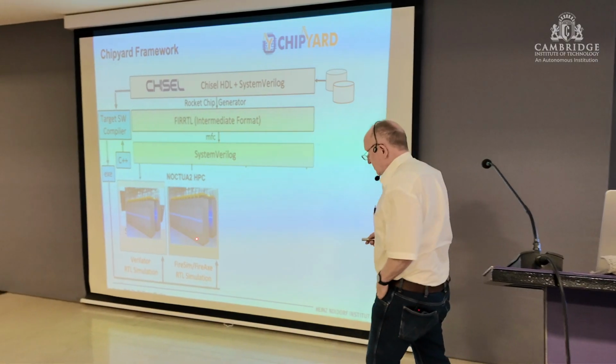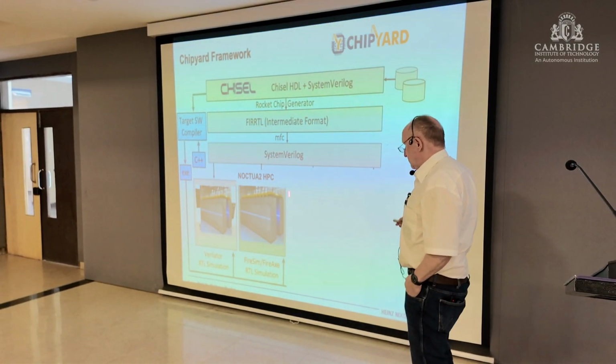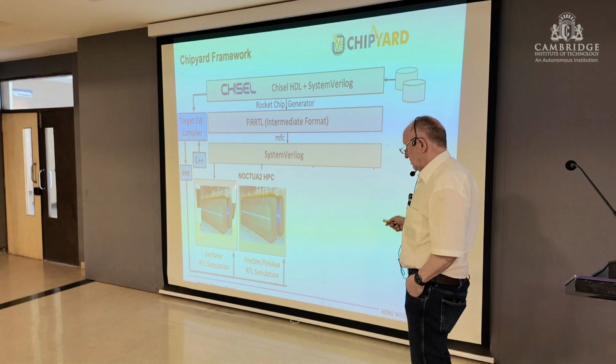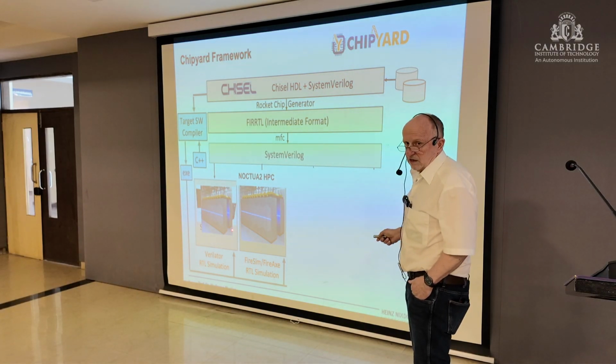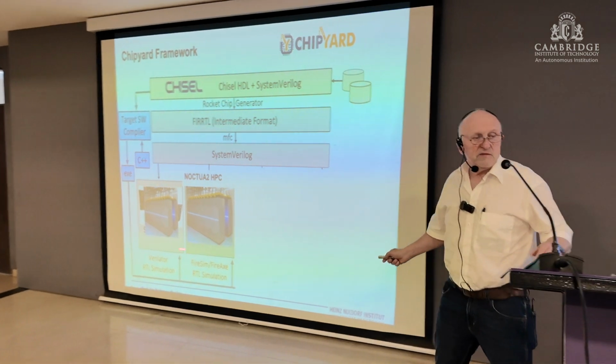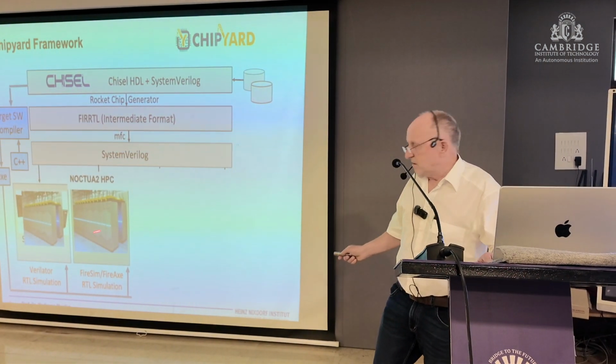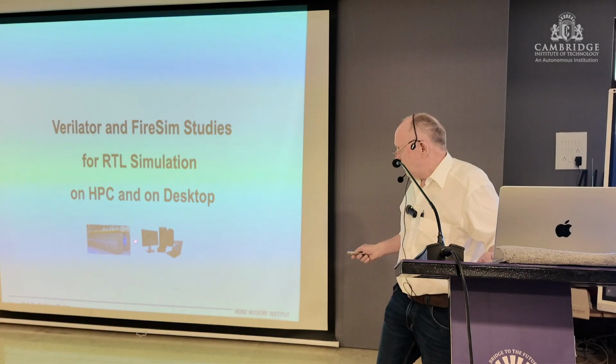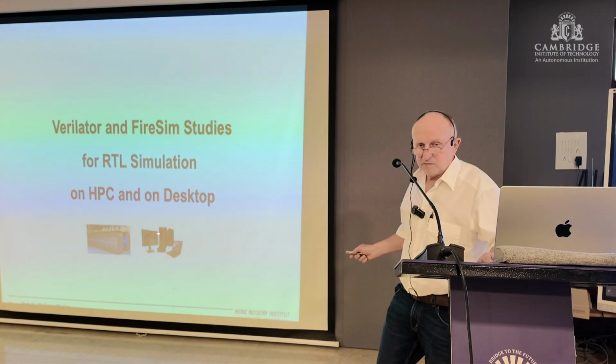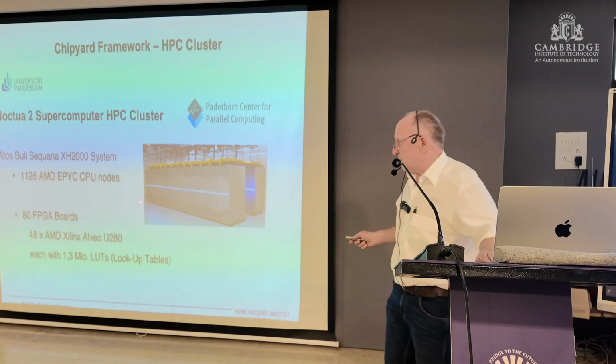And then the question was, once we are using this, why not also try to speed up Verilator on a high-performance computer? And there we have very surprising results. Let me first go into this comparison, what we achieved.